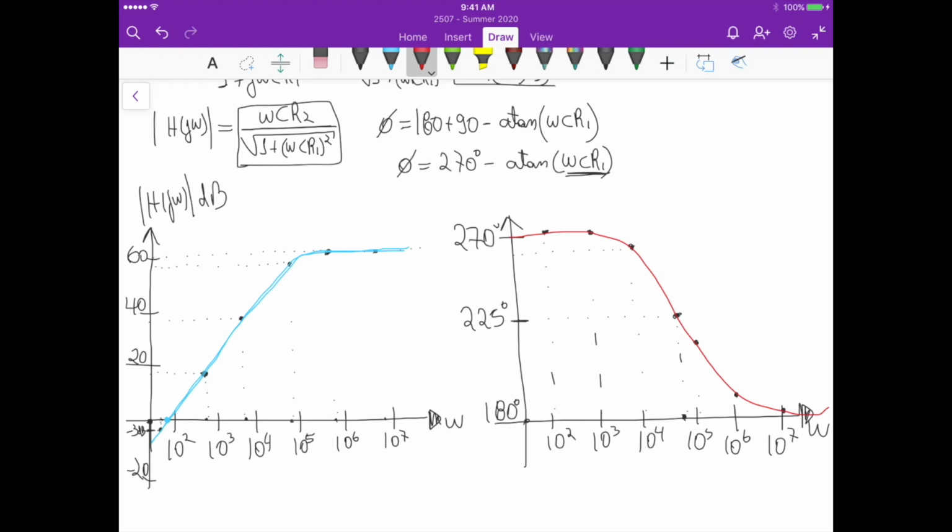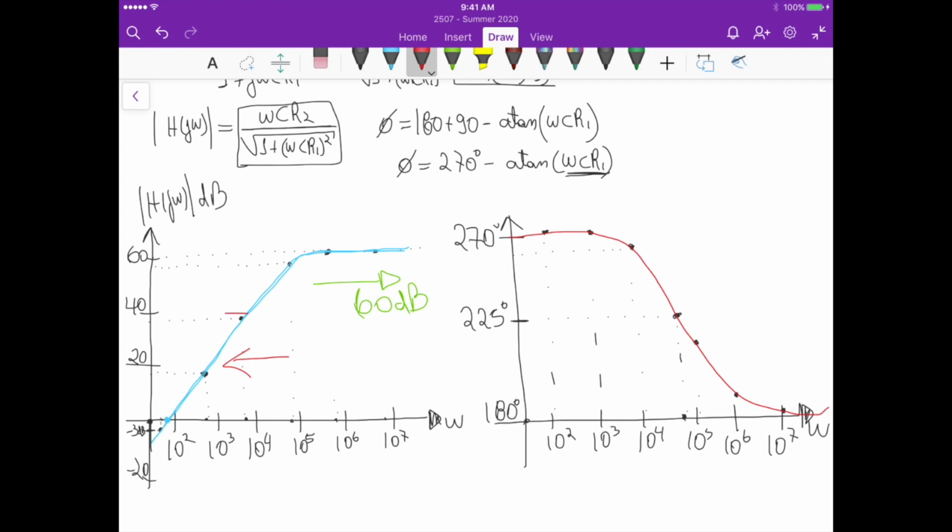But if you look at this circuit here, basically this behavior, we observe that this is a high pass filter, right? Because for high frequencies here, we keep a constant gain of 60 dB, and once we reduce the frequency around here, we start to attenuate.